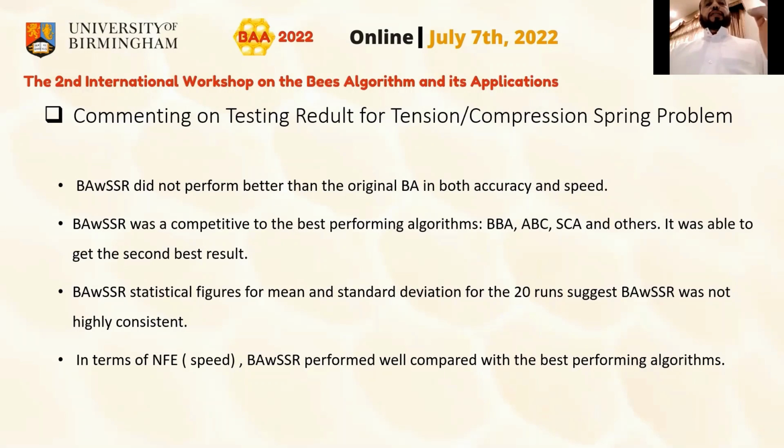The statistical figures, the mean and standard deviation, suggest that it wasn't very stable or consistent in performance. In terms of speed, it performed well, but it wasn't the best. But anyway, it indicated a good performance.